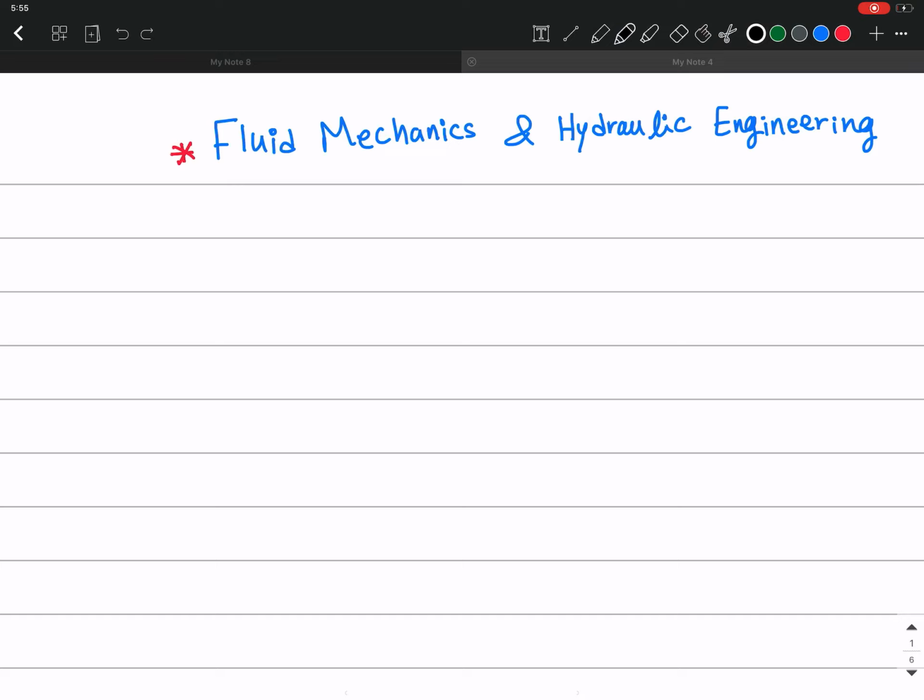Fluid mechanics in general is a subset of a bigger field, which is applied mechanics.